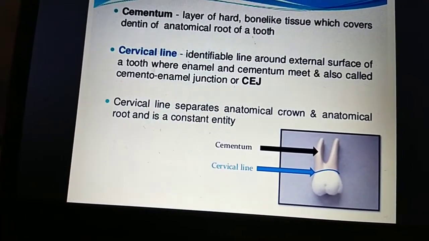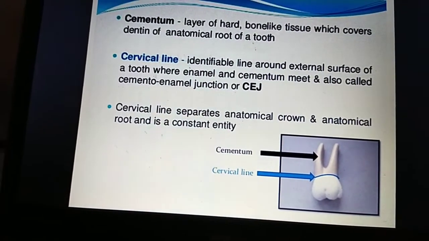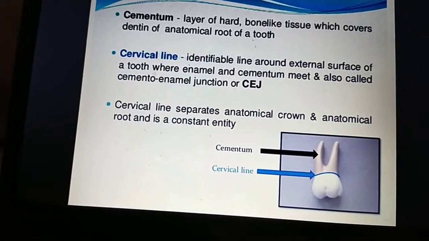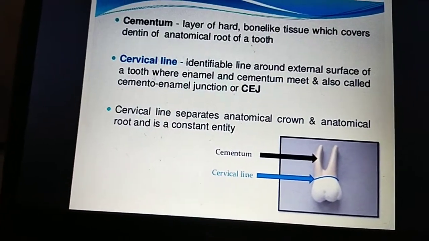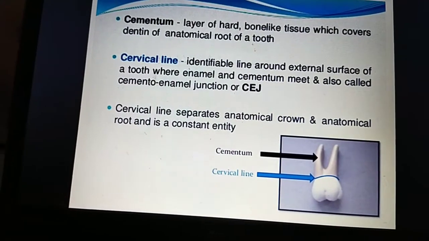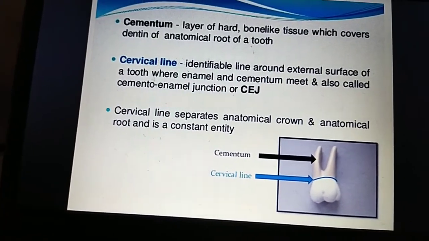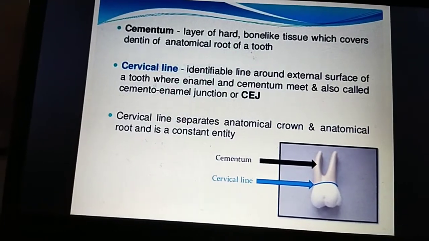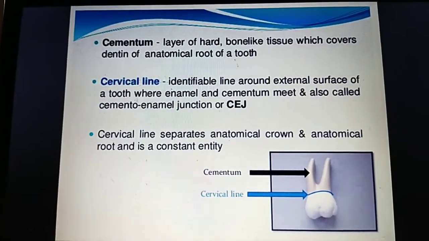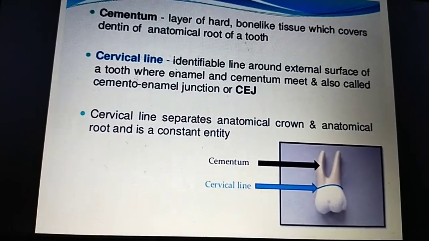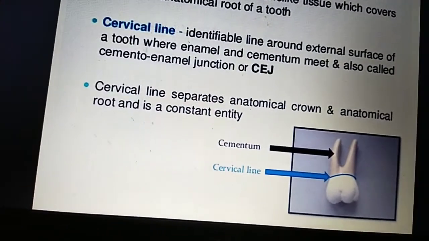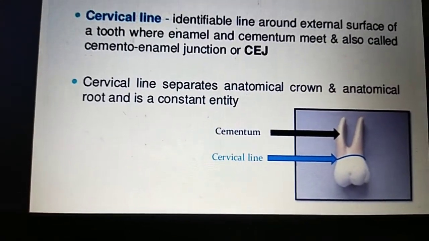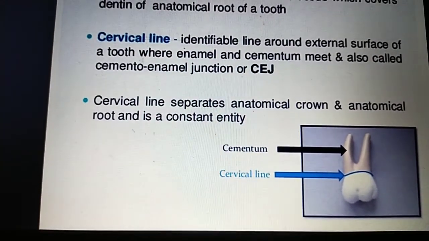The cementum becomes exposed to the oral cavity through gingival recession, and this surface can become very sensitive to temperature changes in the mouth, hot and cold. Okay, the cementum is made by the cementoblasts, and it covers the clinical root of the tooth.